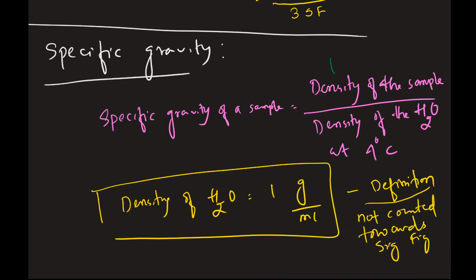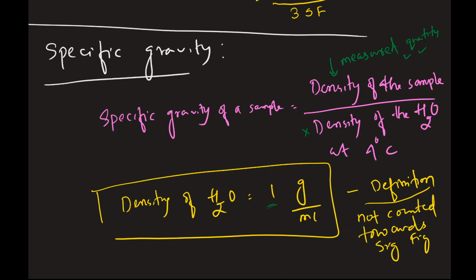This is a measured quantity because you have to measure your density, by measuring your mass and measuring your volume. So this will be counted towards the sig fig. But the density of water, which we already know, is 1 grams per milliliter, so this is not going to be counted towards any sig fig calculations.